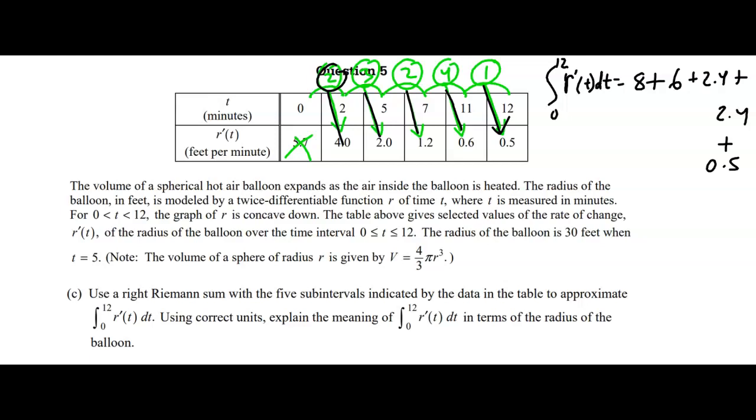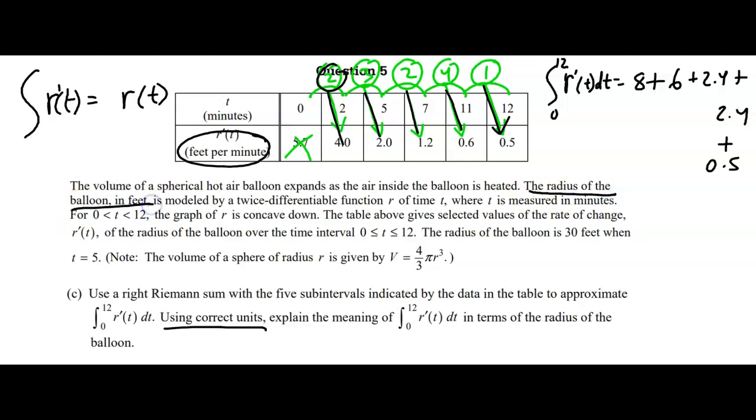Now, it says using the correct units. Right now you can see that this is feet per minute. When you integrate r prime of t, you end up getting regular r of t. And it tells us in the problem that the radius, r of t, is in feet. So this final answer, after you add all these things up, is in feet.